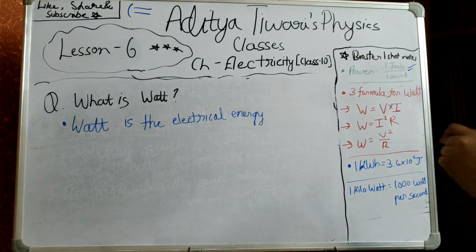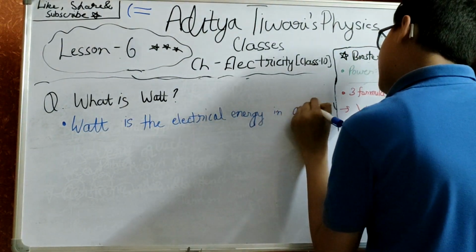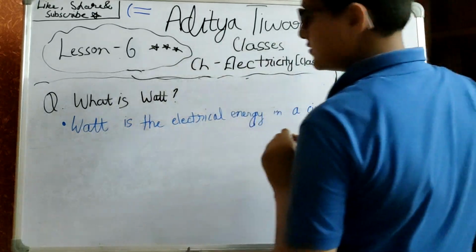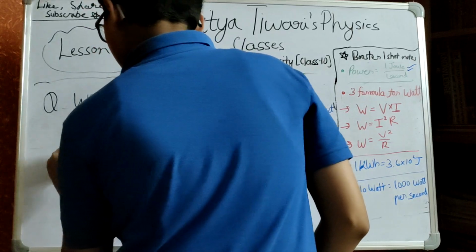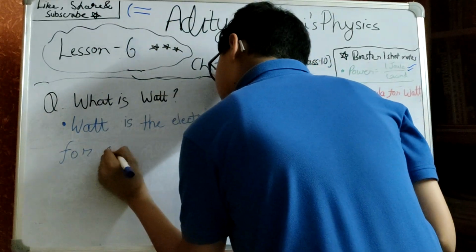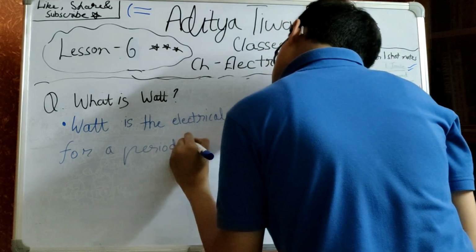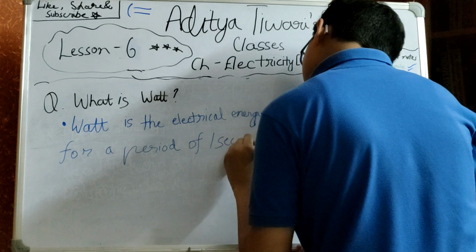So watt is the electrical energy in a circuit for a period of 1 second.